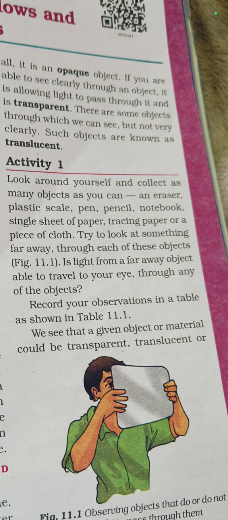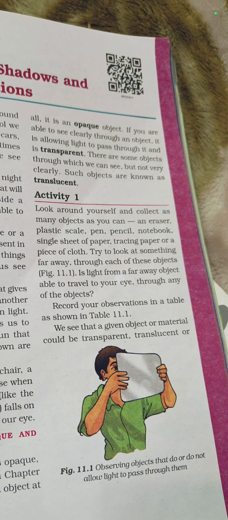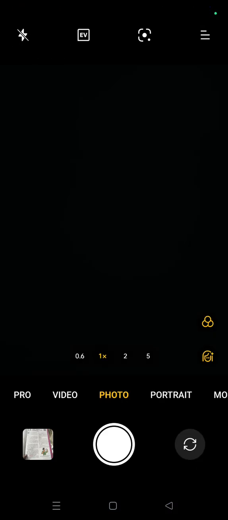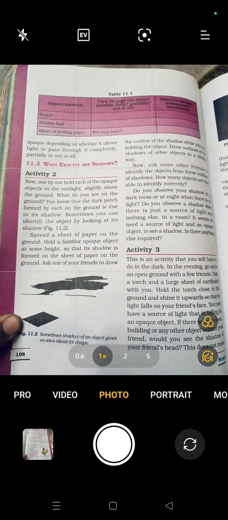Is light from a faraway object able to travel to your eye through any of the objects? Record your observations in a table as shown in table 11. We see that a given object or material could be transparent, translucent, or opaque. By seeing, we can get to know which one is translucent and which one is opaque.